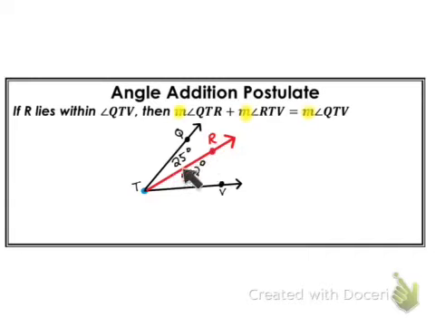Whatever this angle is, which is 25 in this case, and whatever this angle is, which is 52 in this case, if you add those together, that will make up the measurement of the big angle QTV. So if we add 25 plus 52, the measurement of angle QTV would be 77 degrees.